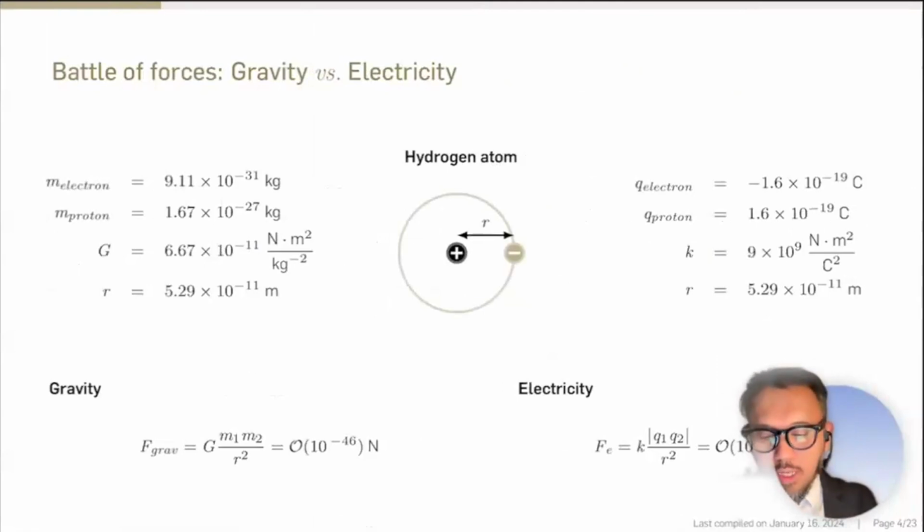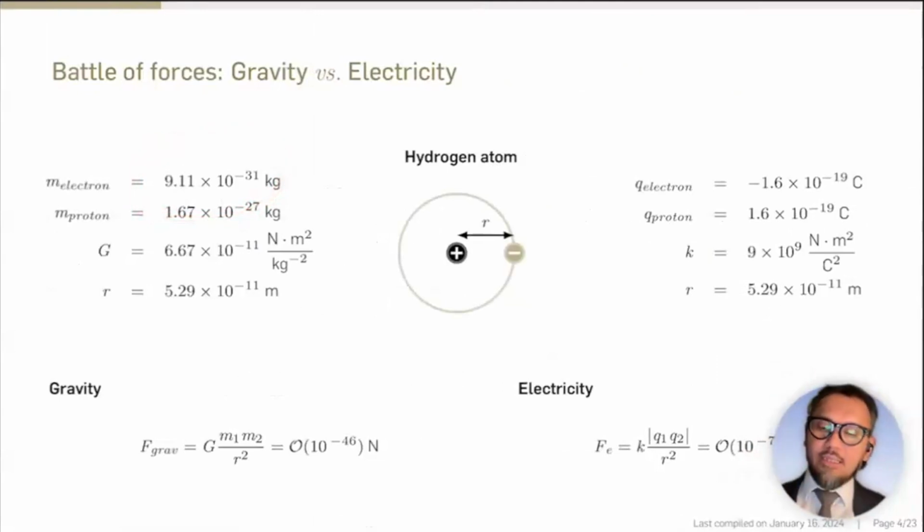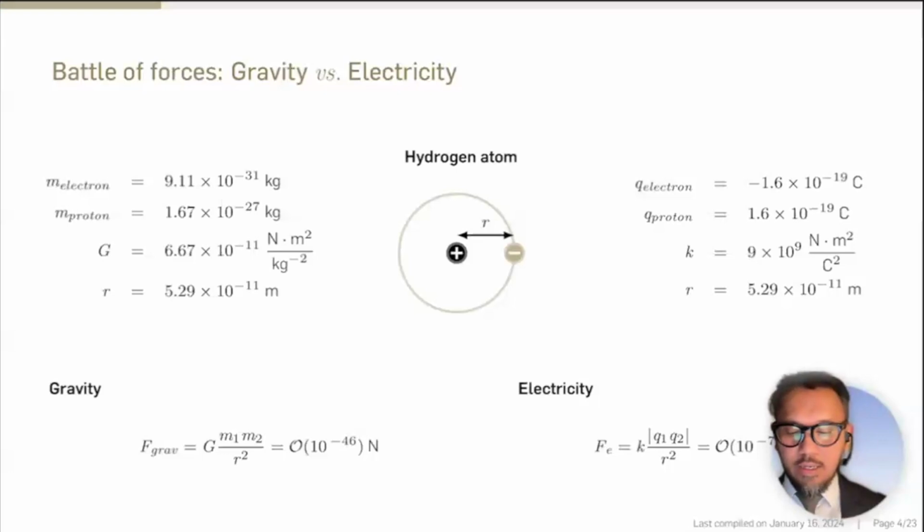If you want to calculate the mass of the electron, then you can look the number up. Let's say on Wikipedia, the mass of electron is given here, which is 9.11 times 10 to the minus 31st kilogram. Mass of the proton is also listed there.